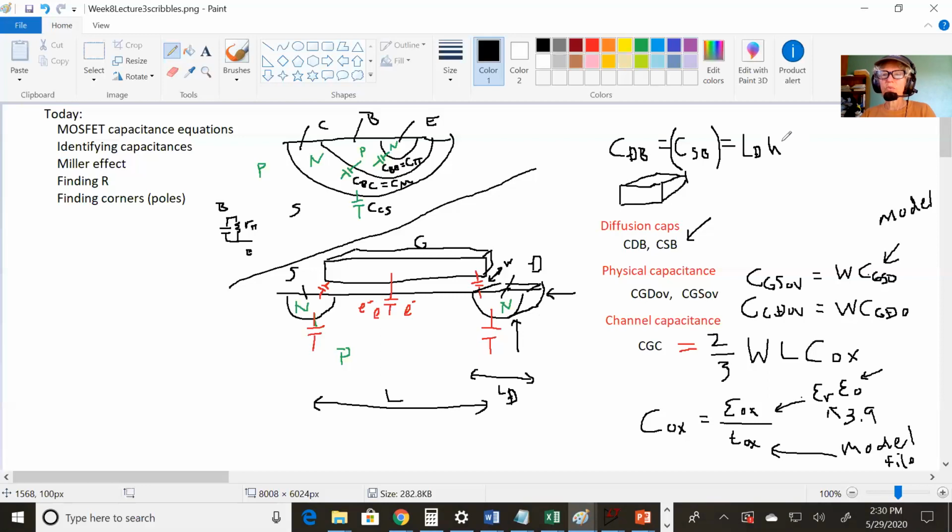And you know the width of the source or drain is just W. So as long as you have this length, and W is going to be the same as the gate, then you can find the area. And then you multiply it by Cj. And guess where you find Cj? The model file. Yes. Okay. So this goes in the model file.